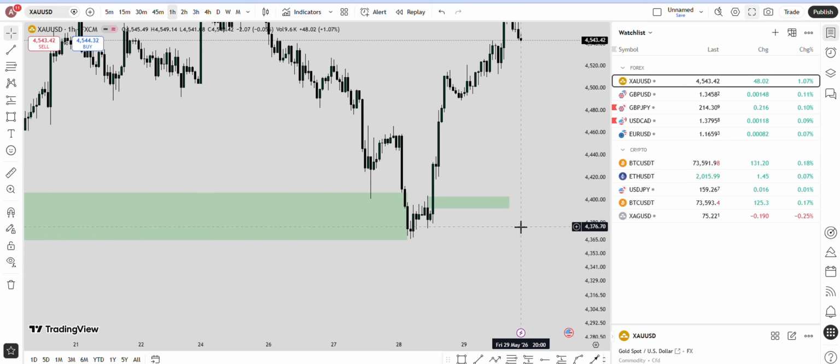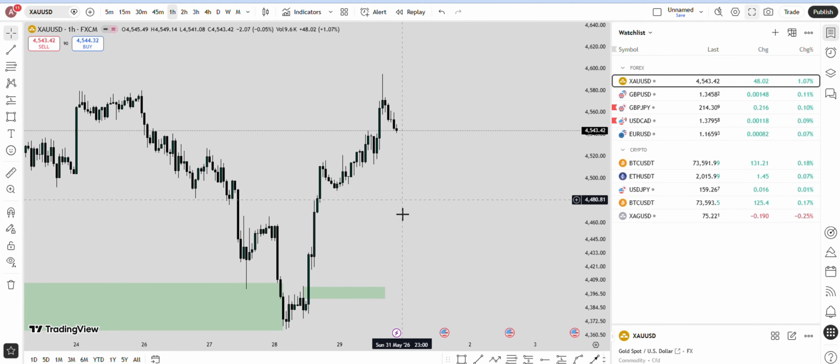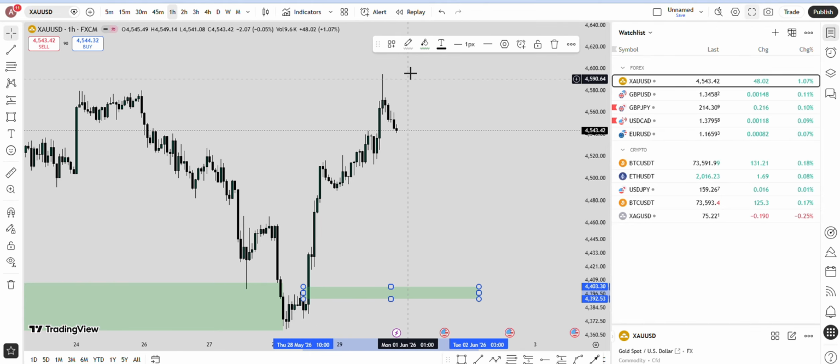So now if price is going to sell down again, all I'll be looking for is my buy, if price is going to eventually come down to this level, because I know what price can do. Price can do a buy. I can even still sell them, and then confirm the buy.